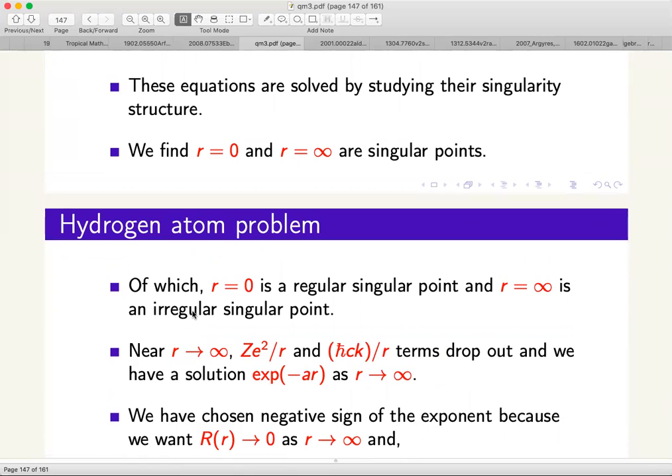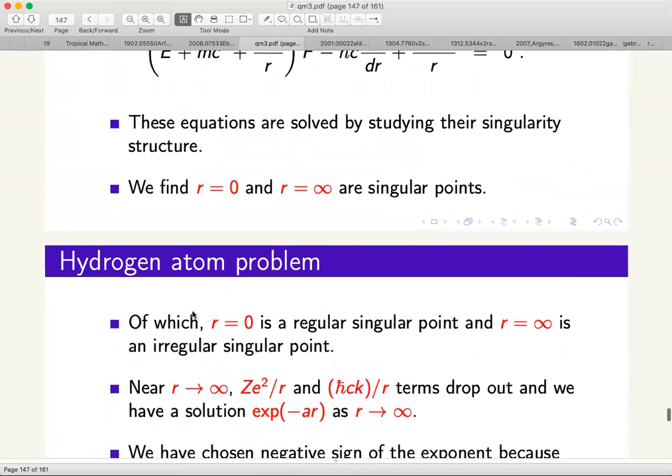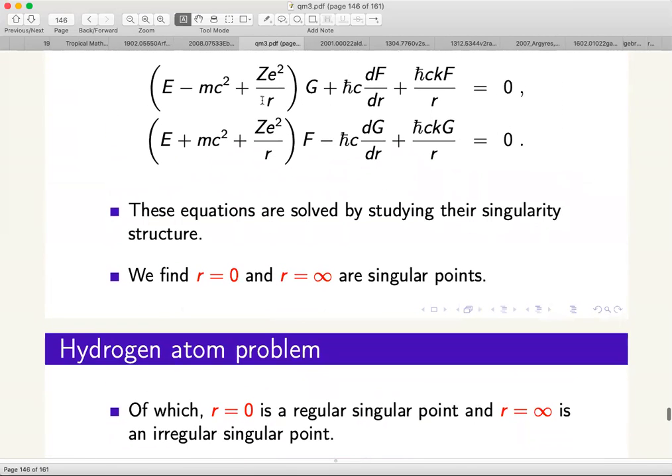Regular meaning you can remove it by multiplying something. Regular singular point, yeah. I mean, if you can remove the singularities of the coefficient function by multiplying by appropriate powers of r minus r naught or x minus x naught, then you would call that a regular singular point. What is the power that you need to use is related to the order of the differential equation. Not a random thing.